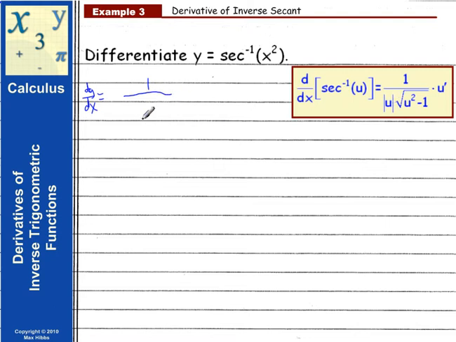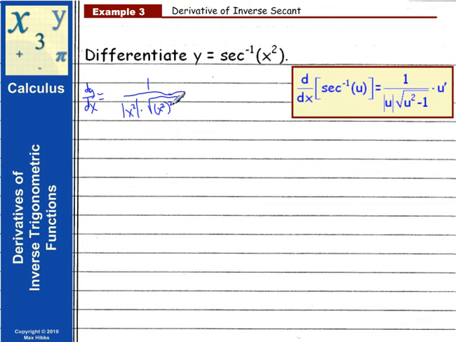Well, u is x squared, and so we'll have the absolute value of x squared times the square root of, and I'm being a little sloppy here, of u squared. Well, u is x squared, and so we're going to be squaring x squared.